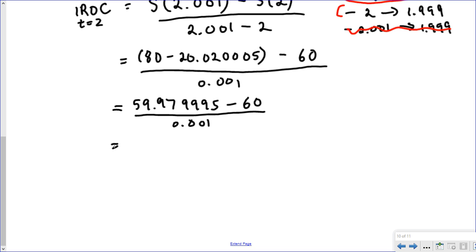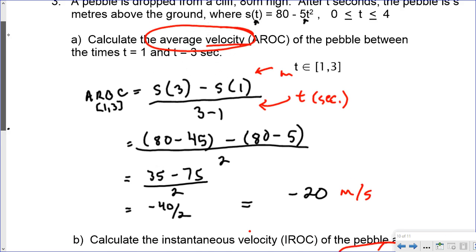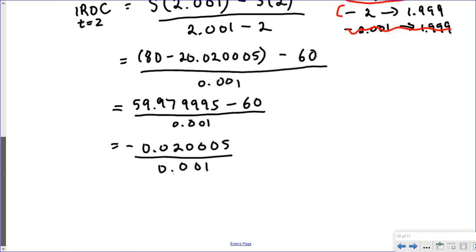Okay, now we have negative 0.020005 divided by 0.001. I'm going to stop right here. Okay, the numerator is a negative. As I move from 2 seconds to just a little bit above, 2.001 seconds, my pebble is decreasing, right?